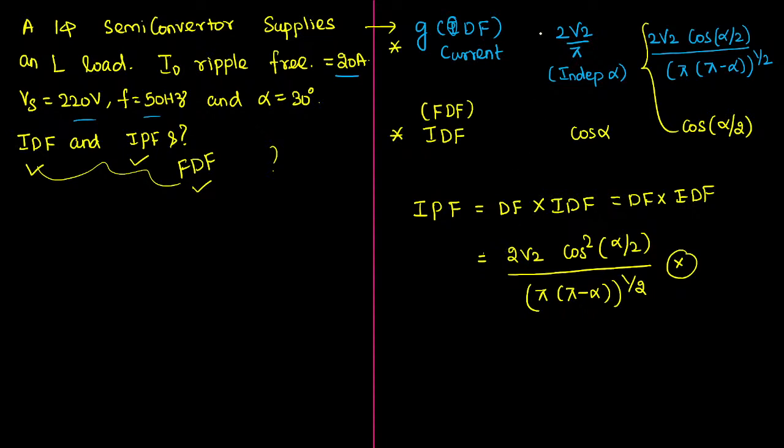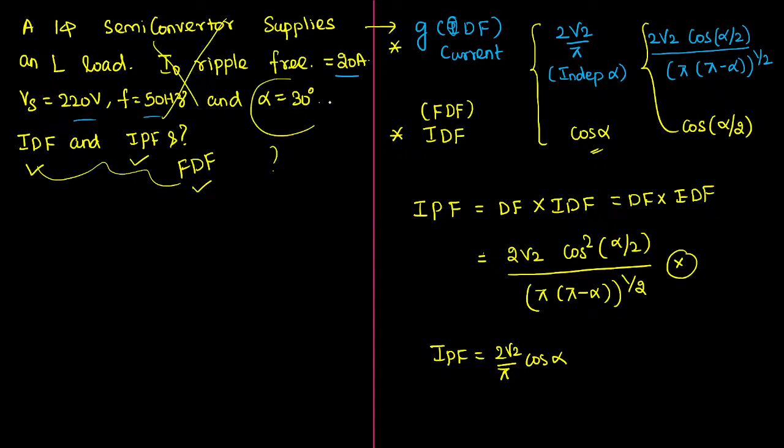In the same way, if you want to explore the input power factor for the full converter, you can write 2 × √2/π into cos alpha. I hope many of you know this. Input power factor for full converter: what is the formula? 2 × √2/π into cos alpha. Now substitute the data, nothing else is there. The whole data is not required.